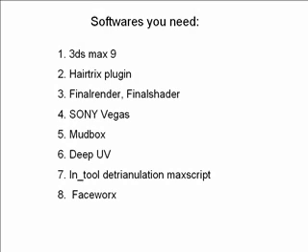The triangulation Max script helps you to triangulate the polygons. Faceworx is free software to generate a 3D human head model from a front view and side view. So let's get started.